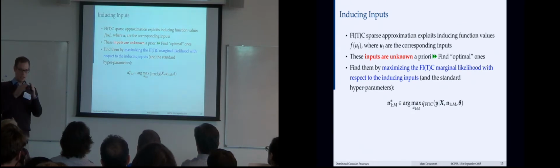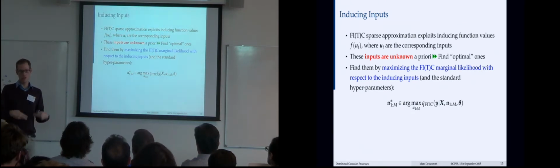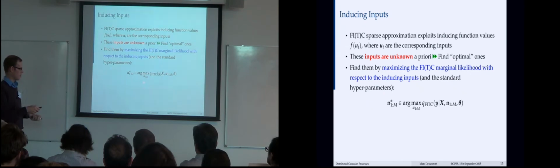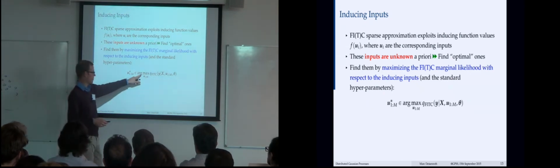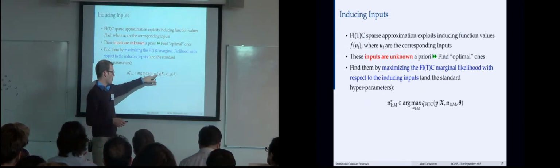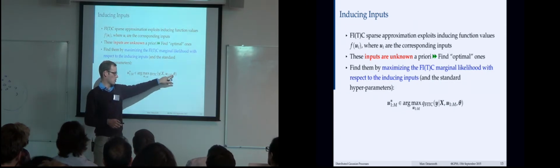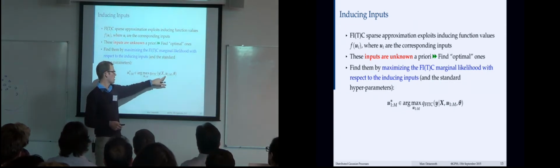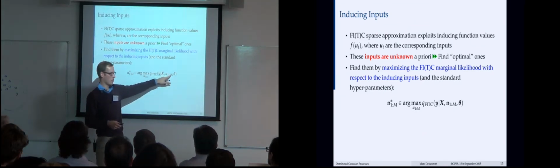This inducing input approximation gives you an approximate marginal likelihood which you can optimize with respect to these inducing inputs. So instead of maximizing this marginal likelihood with respect to the hyperparameters only, you also optimize it with respect to the U values.